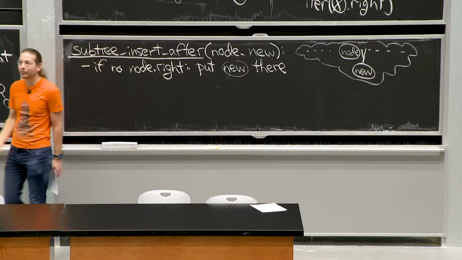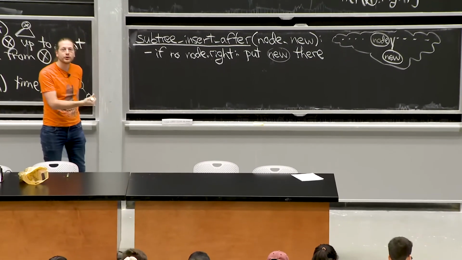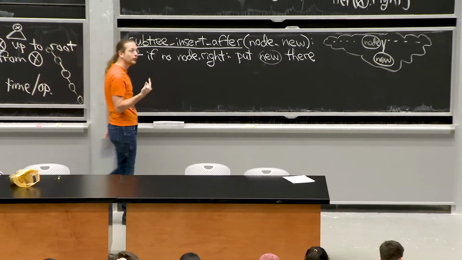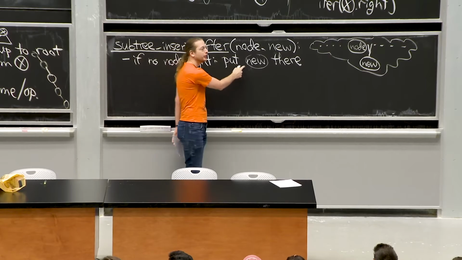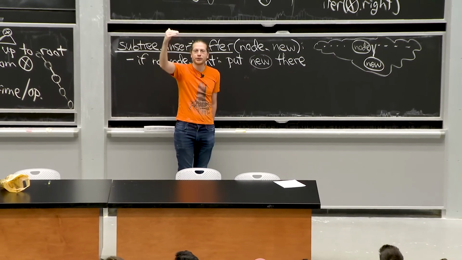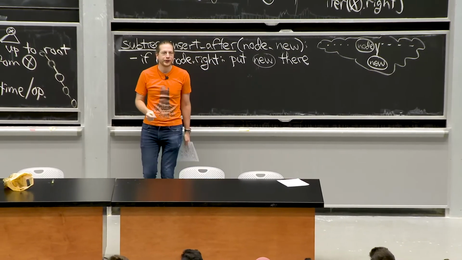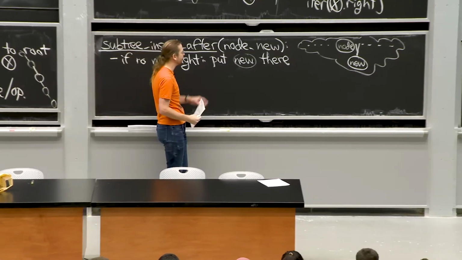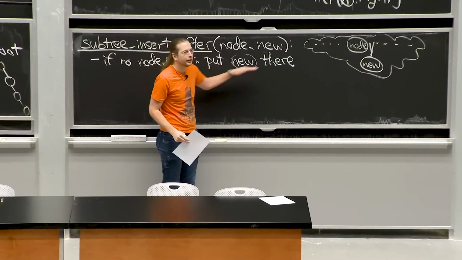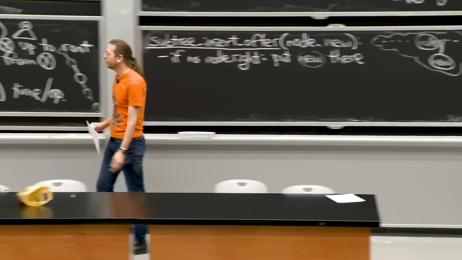Instead of writing, for example, node.right equals new, because that's only one operation you need to do. One thing you would do is set node.right equals new, but you also have to set new's parent to be node.right. So instead of worrying about those two pointer changes, because we always do bidirectional pointer changes, I'm just going to use pseudocode, and then in recitation you'll see actual Python code that does all this.